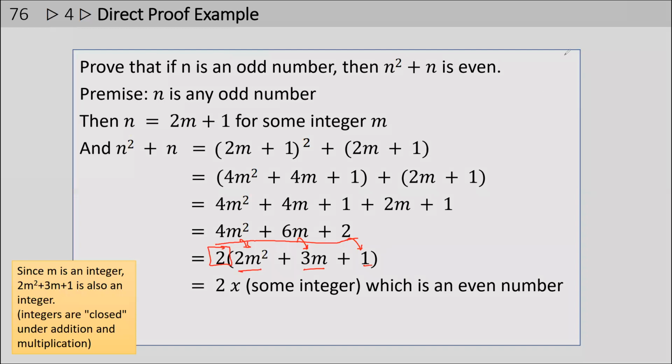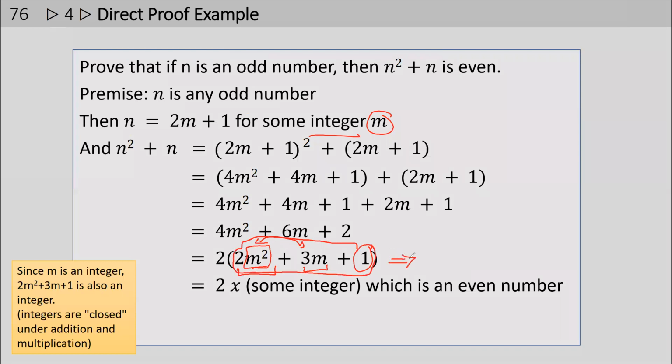And you can just say, okay, you know that m is an integer. So m squared is still an integer. Twice m squared is still an integer. Plus 3m is an integer also. So if you add two integers together, you will get an integer. Plus 1 is an integer. If you add 1 to an integer, the overall is an integer.